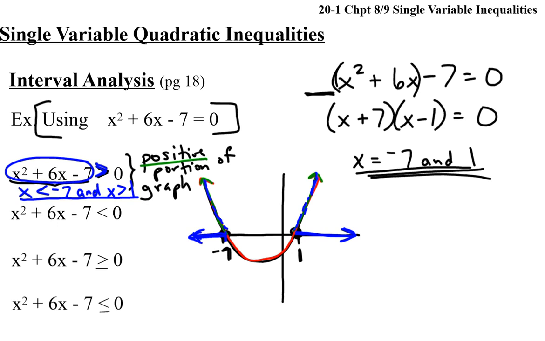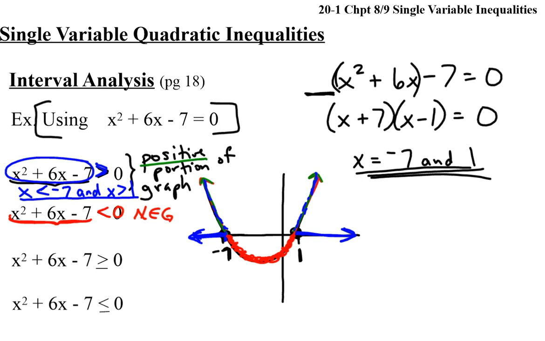Now the second part to that is the second inequality. The second inequality wants to know what part of the parabola is less than 0. So where is the parabola negative? Well, the parabola is negative below the x-axis. That's the part of the parabola that's negative.